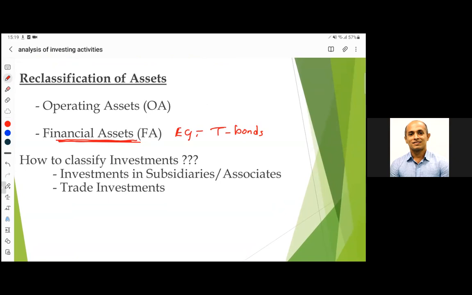Certain subsidiary investments sometimes are not related to your operation. Let's say you are running a garment factory. So your main business is manufacturing and exporting garments.